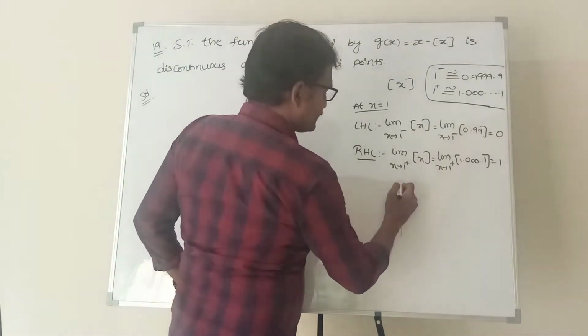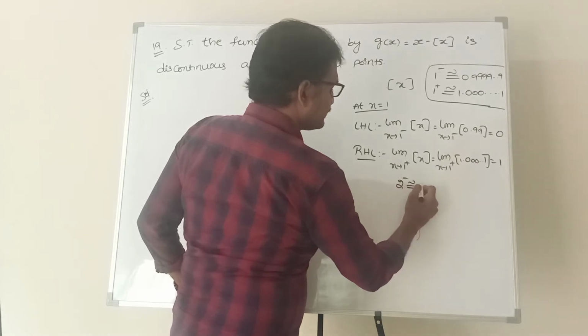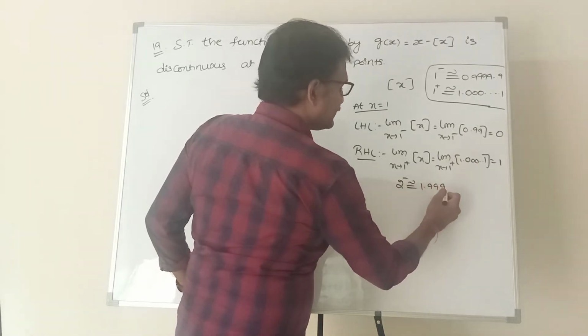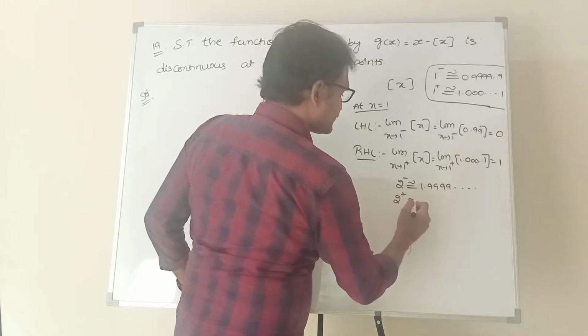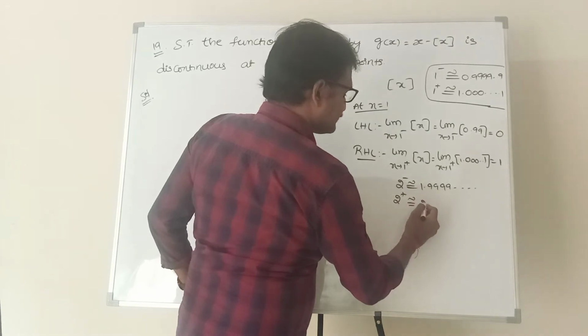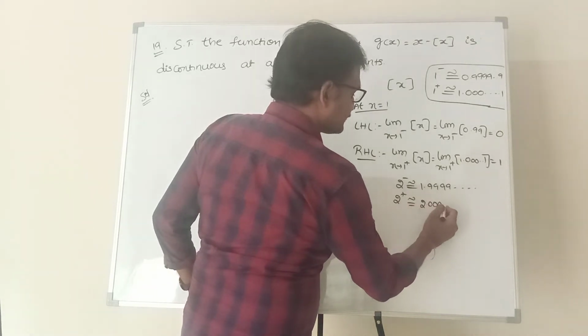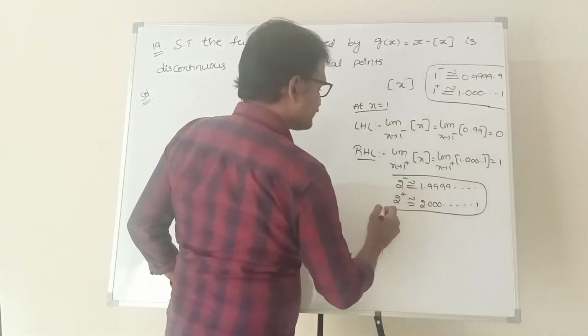Similarly, two neighborhood values. 2 minus means approximately equal to 1.999 and so on. 2 plus approximate value is 2.000 and so on 1. So these are neighborhood values of 2.